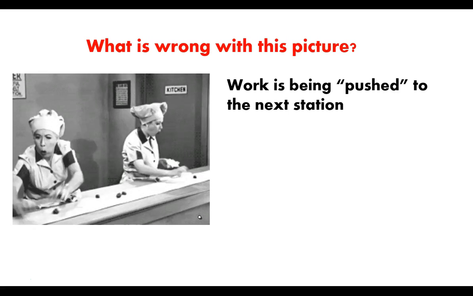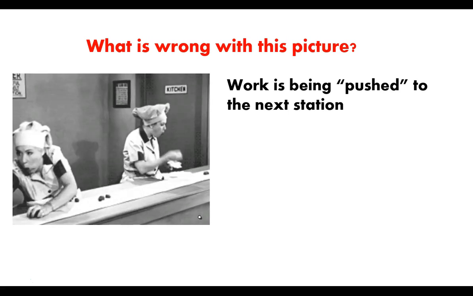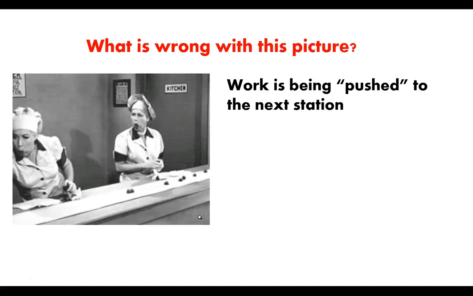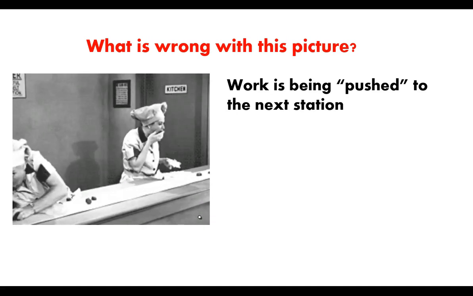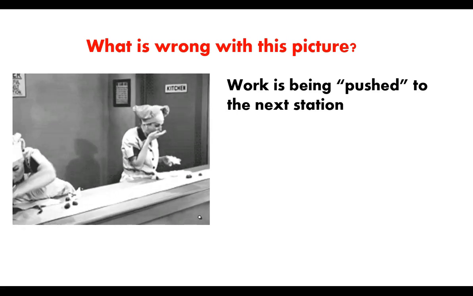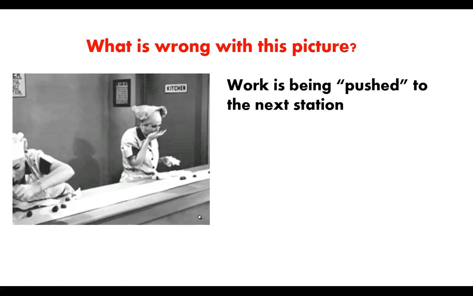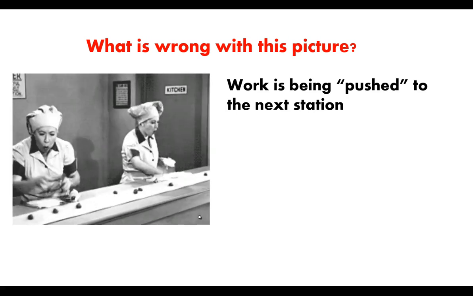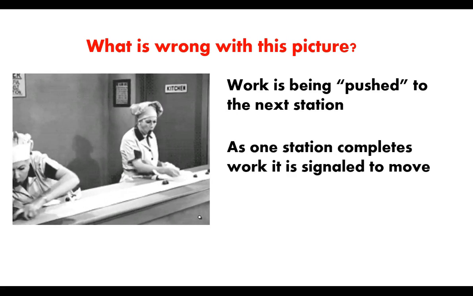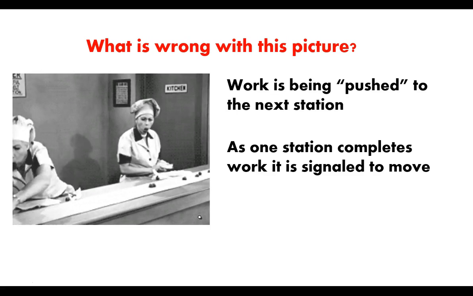Laying it out more specifically, the work is being pushed to the next station. Wherever all this candy is coming from, it's being pushed to Lucy and Ethel. More specifically, it's being pushed to Lucy on the right, and she's letting it be pushed further onto Ethel, the little woman on the left. As one station completes work, it's signaled to move.